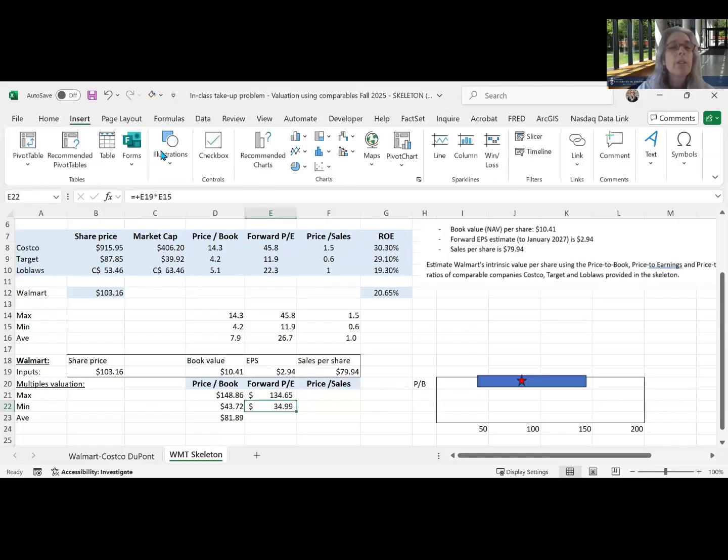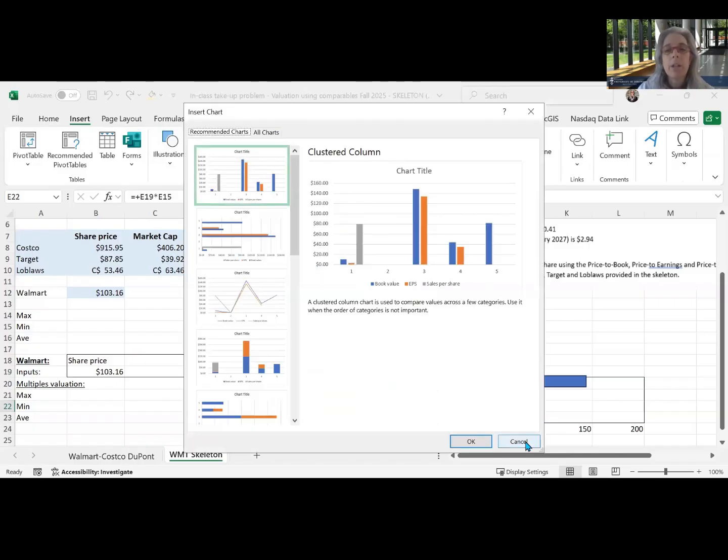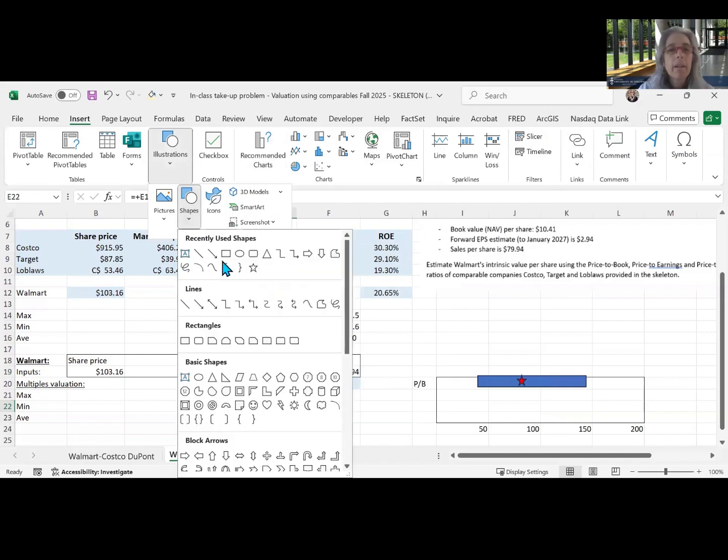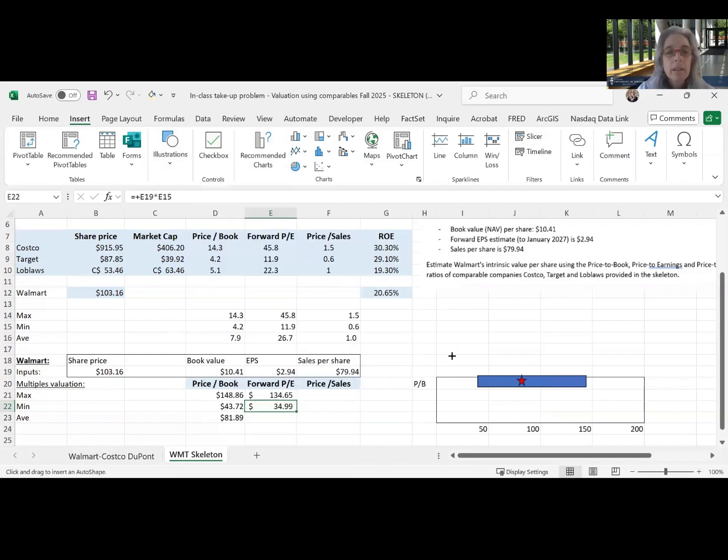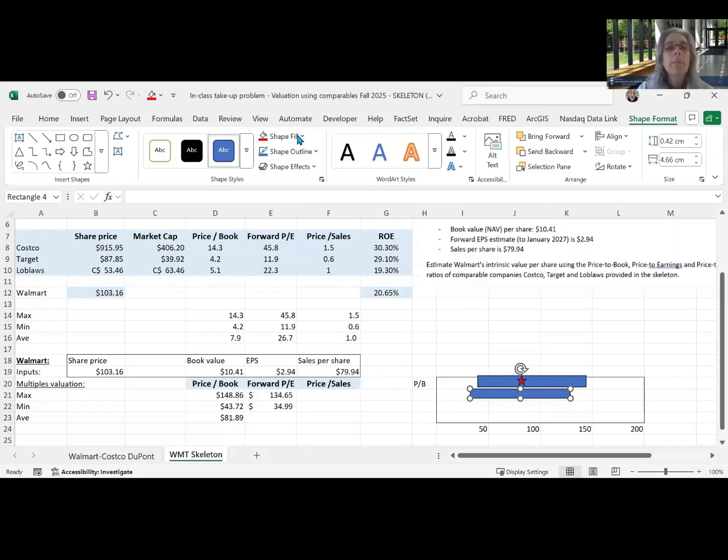So let's insert a shape for that as well. Oopsie, not a chart, a shape. So it's going from 34, so it's somewhere around here, up to 134, somewhere around here. And I'll make it a different color.